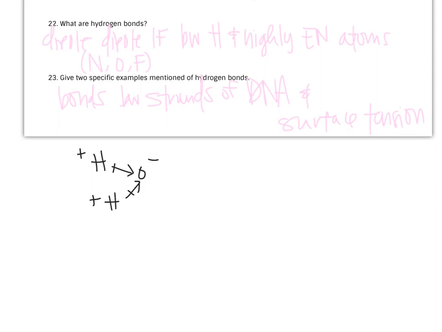So the oxygen's not going to be attracted to other oxygens, it's going to be attracted to other hydrogens. So when you have enough of these, that's going to be attracted to a hydrogen. And then there's just this attraction between them. It doesn't form bonds. Really, it's just this intermolecular attraction.